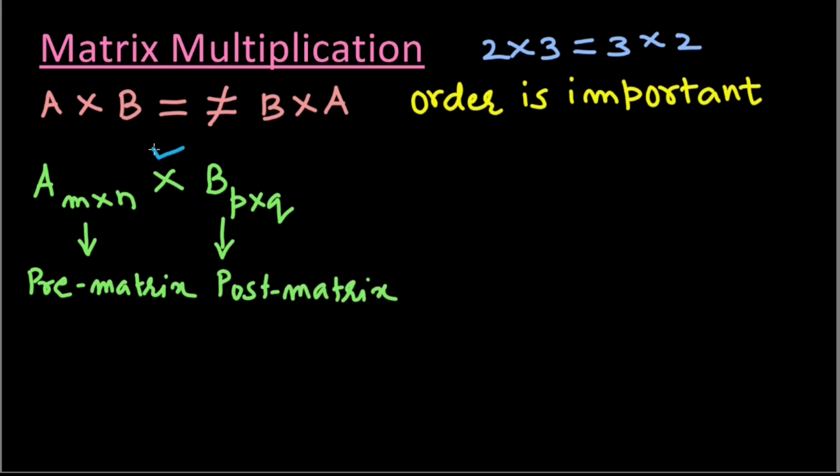Now this matrix multiplication is possible only if the number of columns n of the pre-matrix is equal to the number of rows of the post-matrix, that is when n equals p. Therefore, whenever we start matrix multiplication of two matrices, we have to check whether the number of columns of the pre-matrix is equal to the number of rows of the post-matrix. Then only we can proceed with the matrix multiplication.